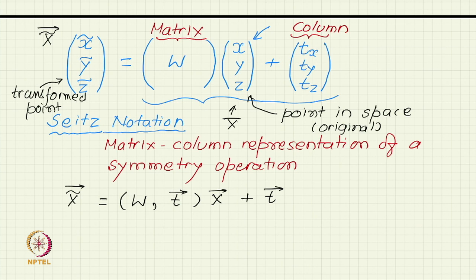So, vector x has components x, y and z, vector x tilde has components x tilde, y tilde and z tilde, and the column vector t has the components tx, ty and tz. So, the same equation is written in a more compact fashion here, and this we are calling the Seitz notation or a Seitz operator.